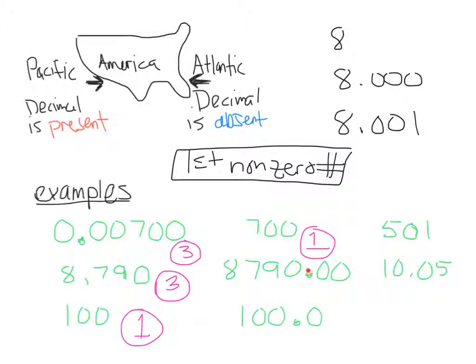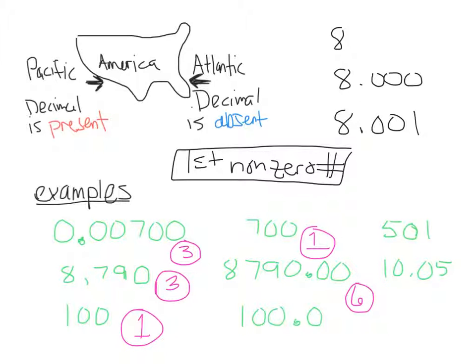It's Pacific because our decimal is present, so we start on the Pacific side and we keep counting to the right because we're going towards America until we hit the very end, starting at the first non-zero number. And this is the first non-zero number, so we have 1, 2, 3, 4, 5, 6 total digits that are significant because you count to the very end.